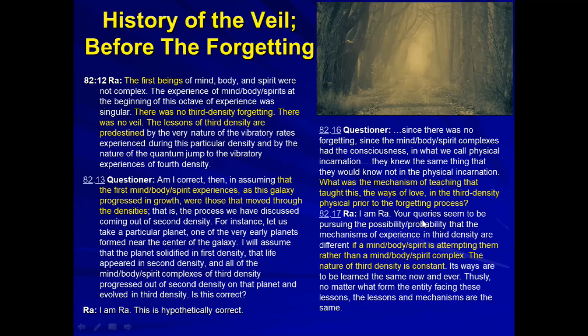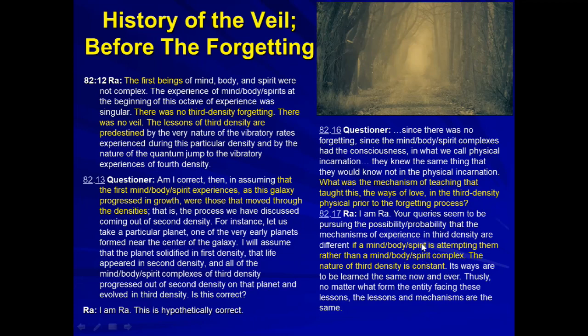So Ra says, your query seems to be pursuing the possibility that the mechanisms of experience in third density are different if a mind-body-spirit is attempting them rather than a mind-body-spirit complex. In other words, his implication in the question is that it must have been different, the way that they learned in third density before the veil than it was after.